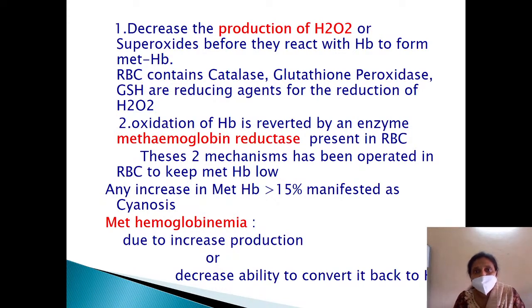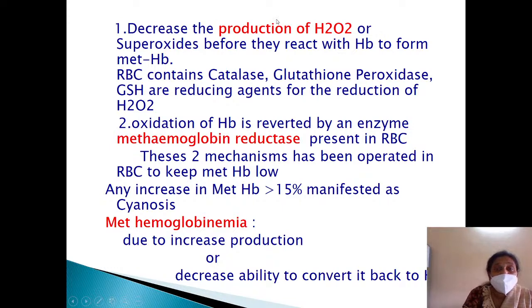Even though H2O2 and free radicals are continuously produced and can oxidize Fe+2 to Fe+3, the methemoglobin concentration stays below 1% in our body. So what are those 2 mechanisms?